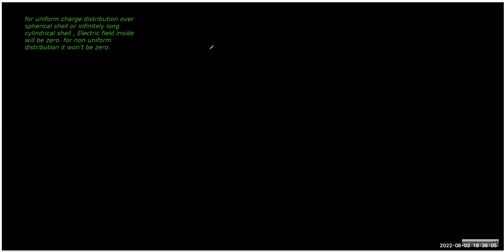You have no idea what the E will look like. So if you just apply Gauss law mentally and say E dot dA is Q enclosed by epsilon naught, and because Q enclosed is zero, you cannot end up saying that the field must be zero. Those things are very, very important and you have to be careful about them.